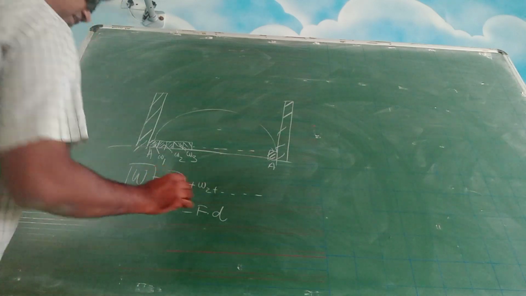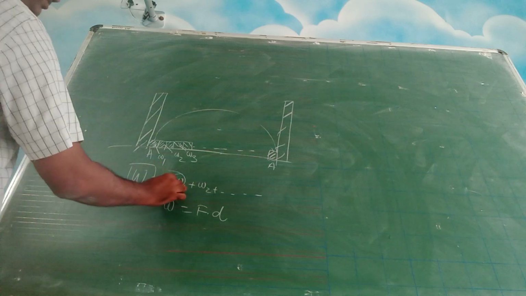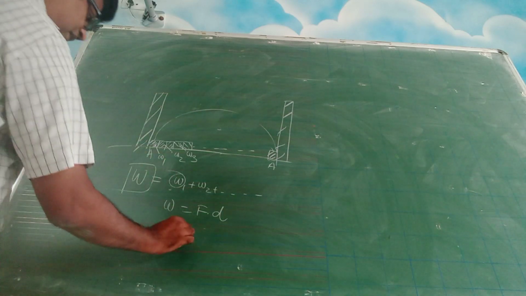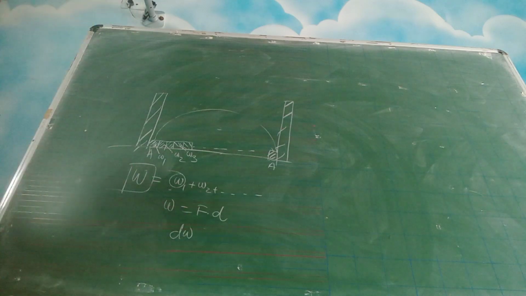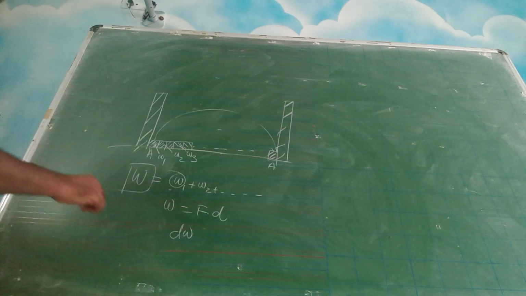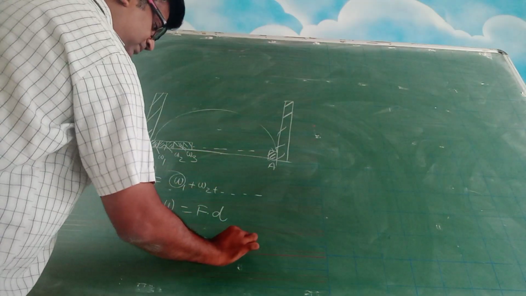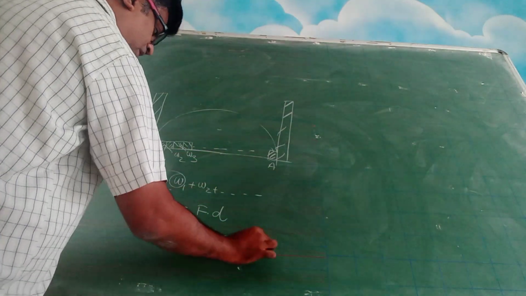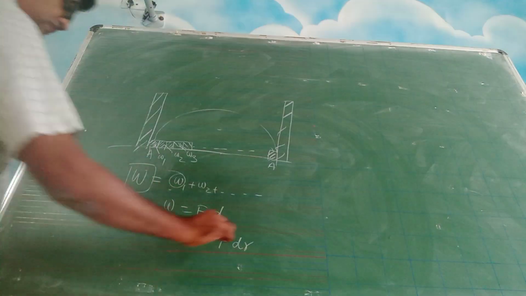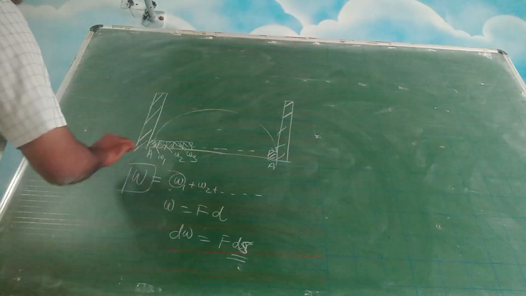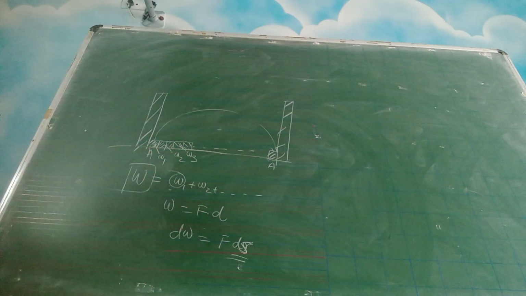All these W1, W2, W3 are small amounts of work. Let us say that small amount of work is dW. What is that small amount of work? Some force I have taken and I am displacing the object by some small distance dr, or you can say ds, whichever you feel comfortable. ds is a small amount of displacement given to that block.